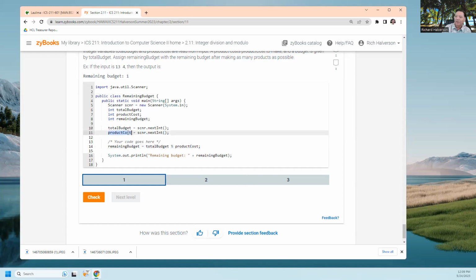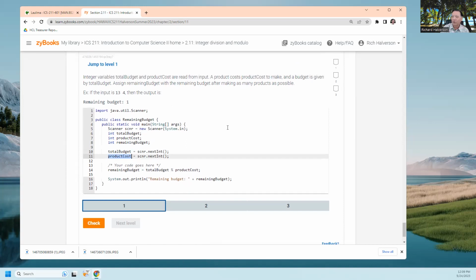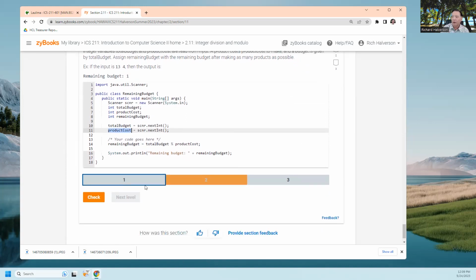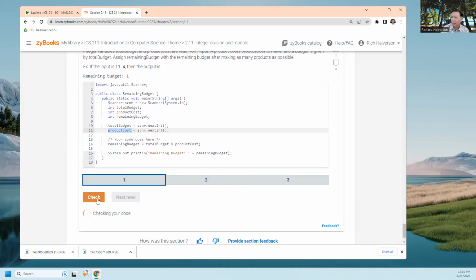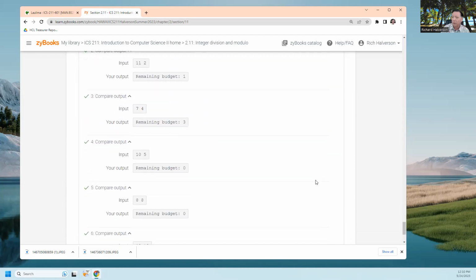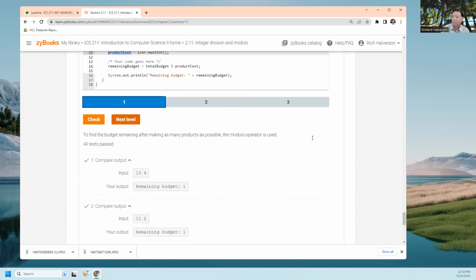As we have them be integers, so we can do this modulo thing. All right, is that right? I guess that must be right. All right, what's next?